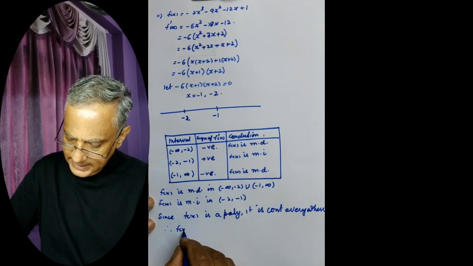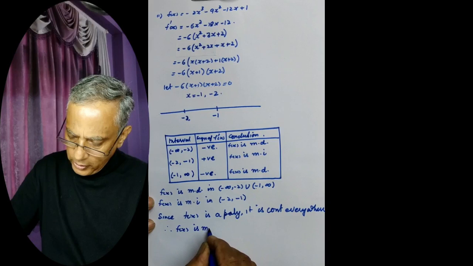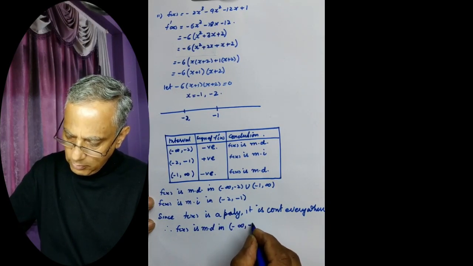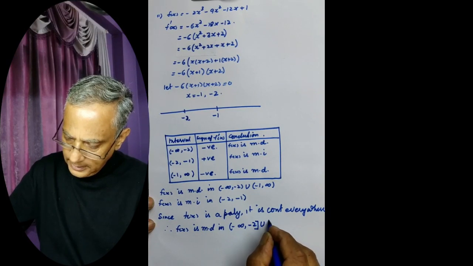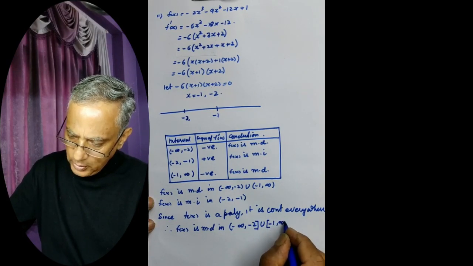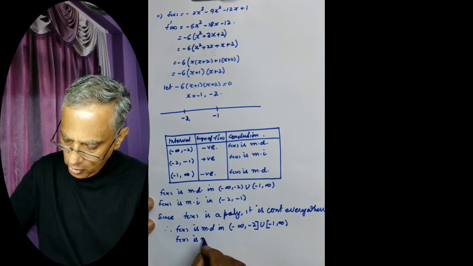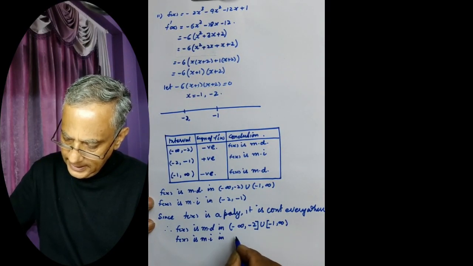That is, f(x) is monotonically decreasing in (-∞, -2] ∪ [-1, ∞), and monotonically increasing in [-2, -1].